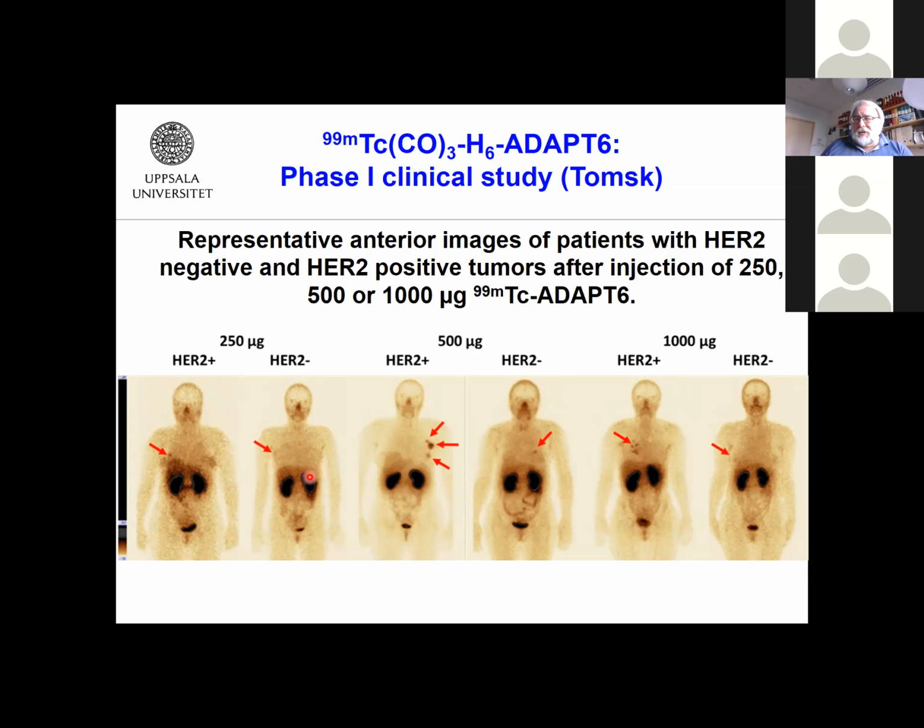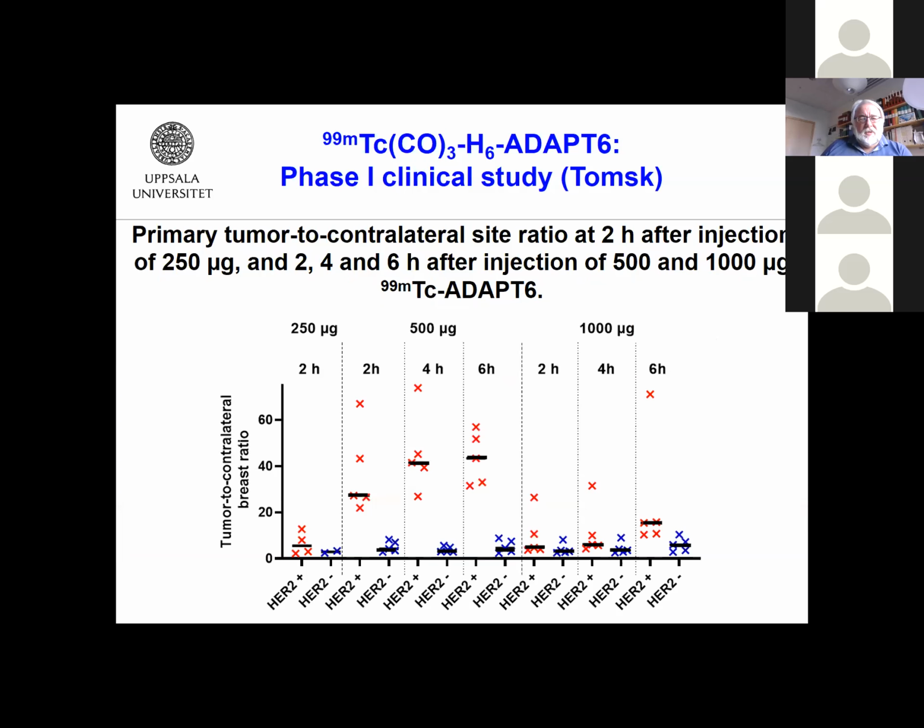So we had expression in HER2 negative tumors. And we found that the best contrast and best discrimination between HER2 positive and HER2 negative tumors can be obtained when injecting 500 microgram of ADAPT6, and it's already 2 hours after injection.